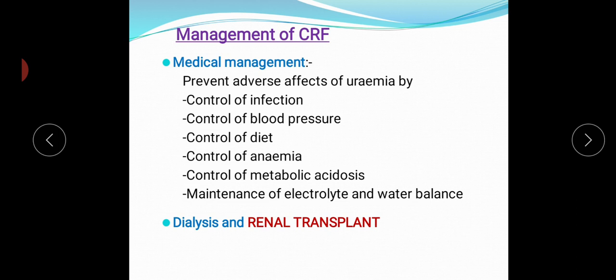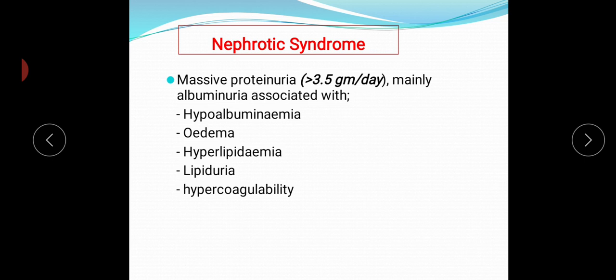Once chronic renal failure is provoked, the patient may live on dialysis, but that is not a permanent solution. The patient must have a renal transplant for a long life. So these are the renal failures.